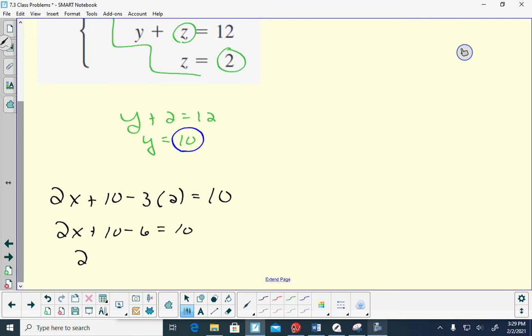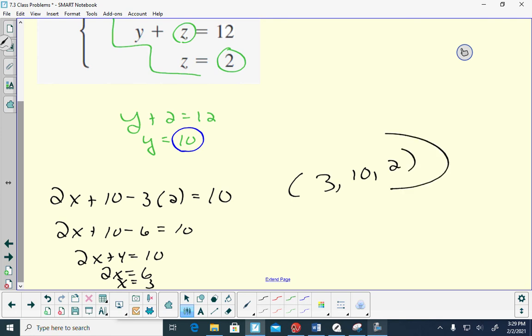So that's 2x plus 4 is equal to 10, 2x is equal to 6, x is equal to 3. So now I'm going to finalize my answer by writing that ordered triple in the form of x, y, and z. So it's going to be 3, 10, and 2. And that is my final answer.